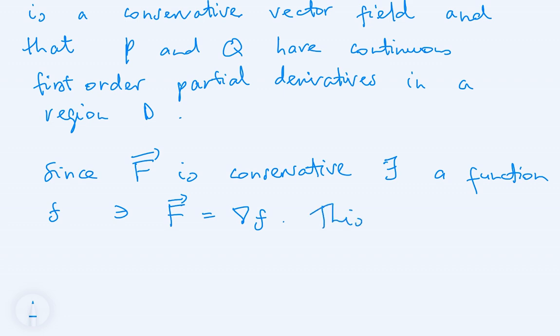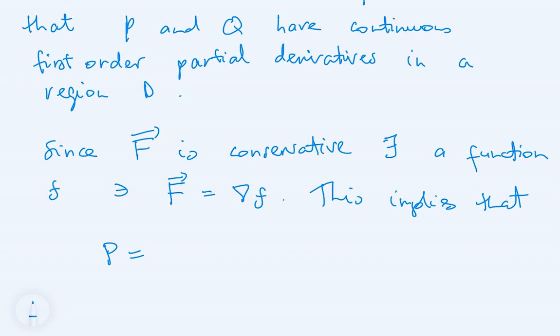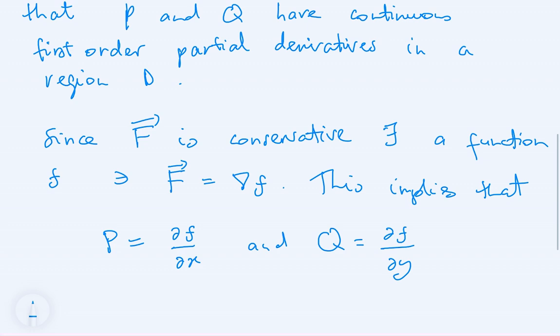P, one of the components of F, is equal to the partial derivative of f with respect to x, and Q is equal to the partial derivative of f with respect to y, because the vector field F is equal to the gradient of this function f.